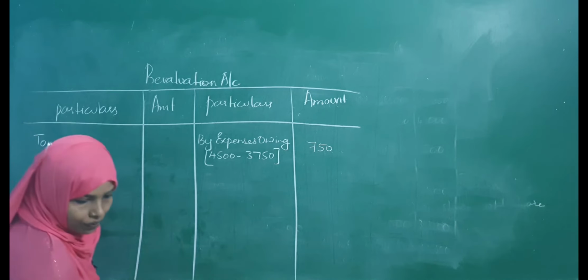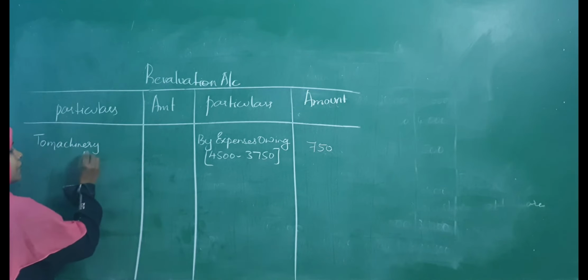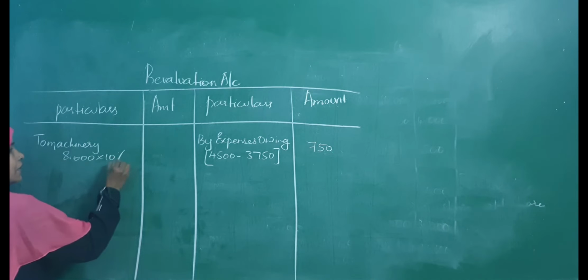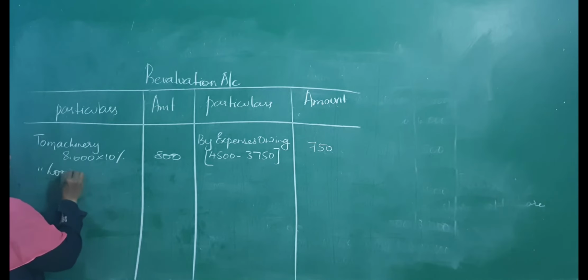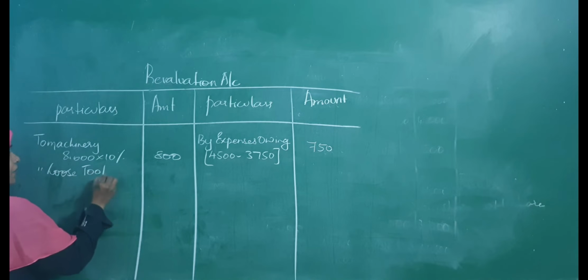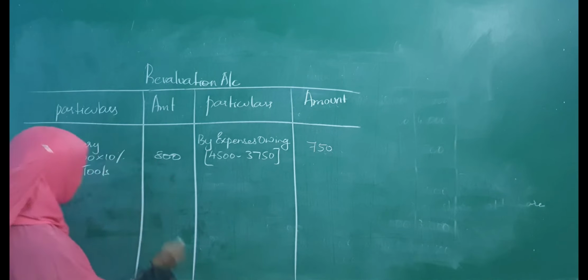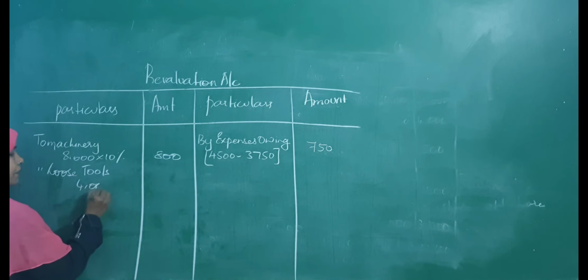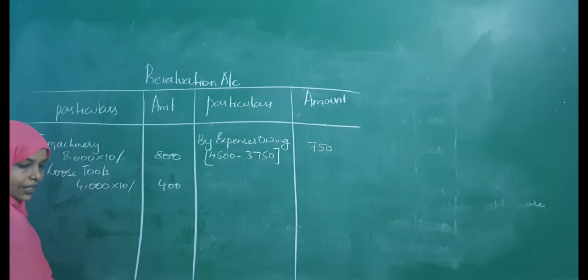Okay, the value of the machinery, how much they have given? 8,000 into 10%, it comes to 800. Then we have loose tools. Okay, the value of loose tools is 4,000. 10% you should do, it comes to 400.